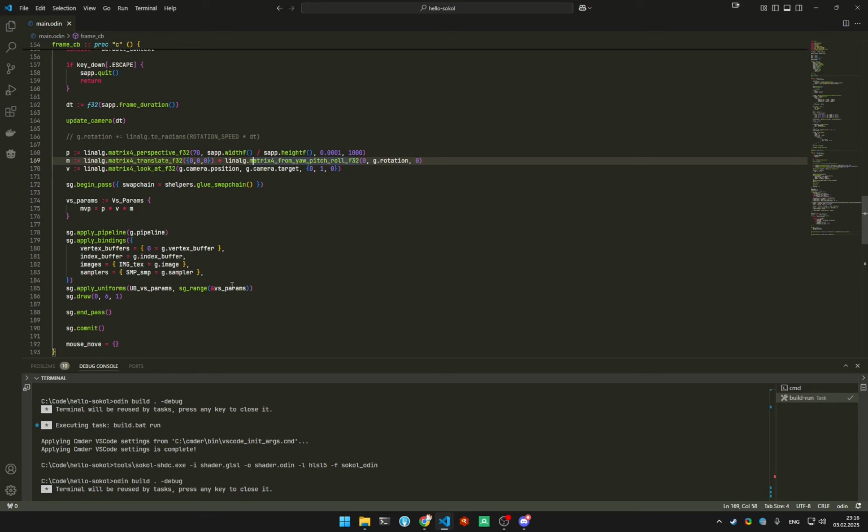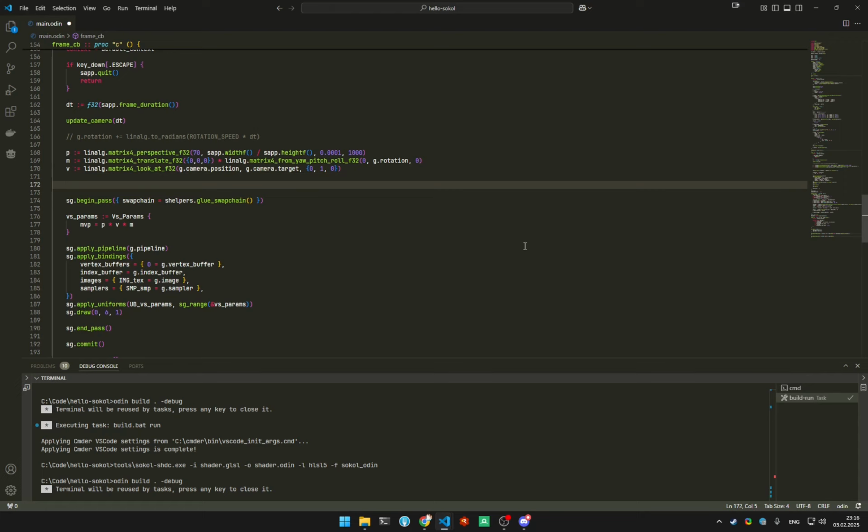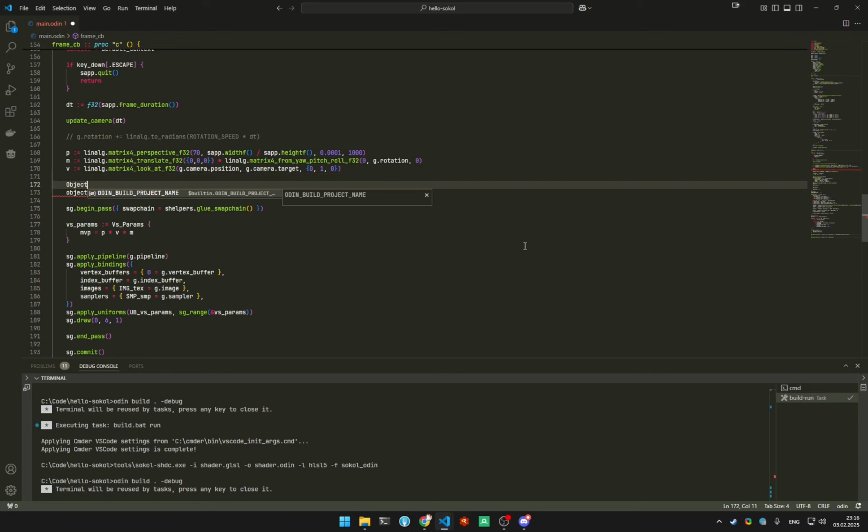So let's have a little bit of an object structure. Maybe let's just have a type named object.